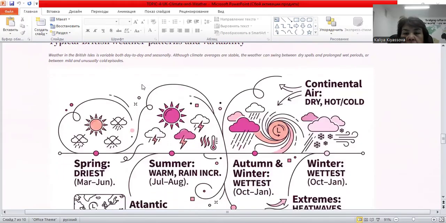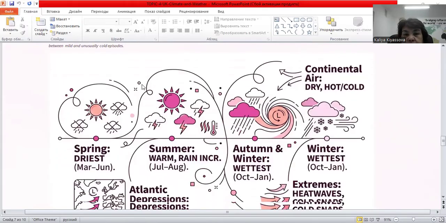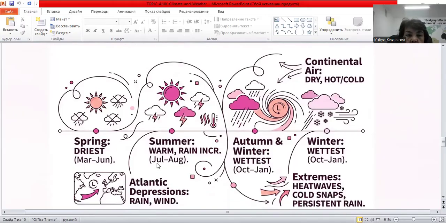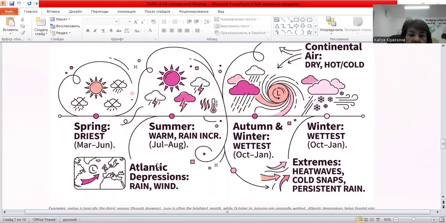Here you may compare all four seasons, spring, summer, autumn, and winter, with the continental air. Are they dry, hot, or cold? And from the Atlantic depressions: rain, wind, and extremes, heat waves, cold snaps, persistent rains.